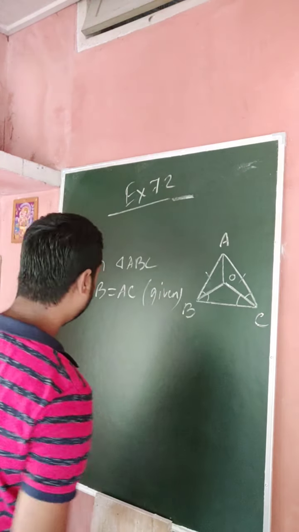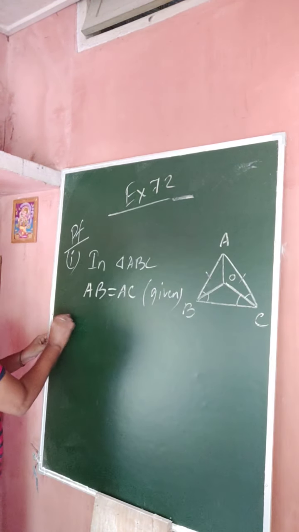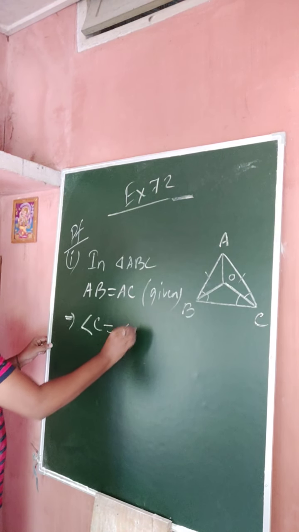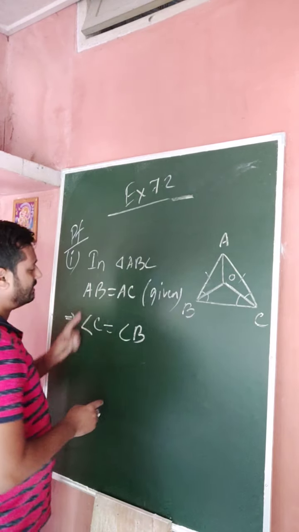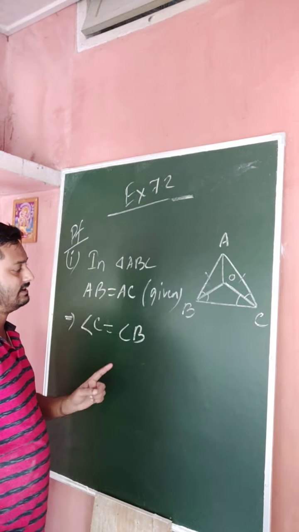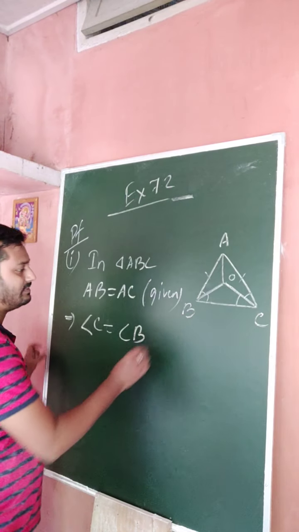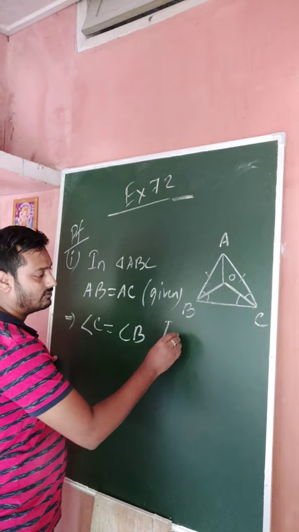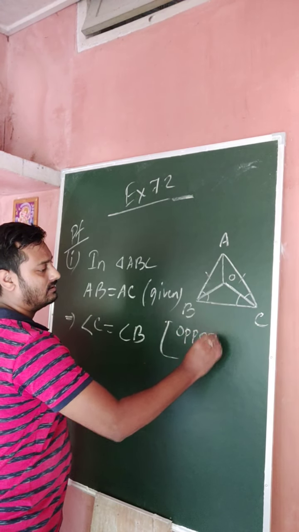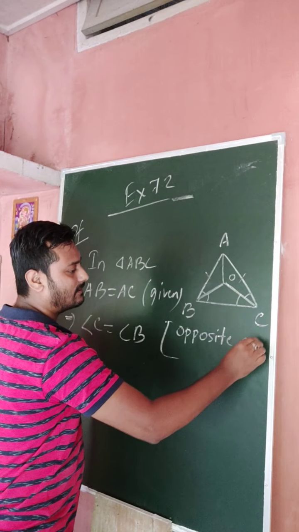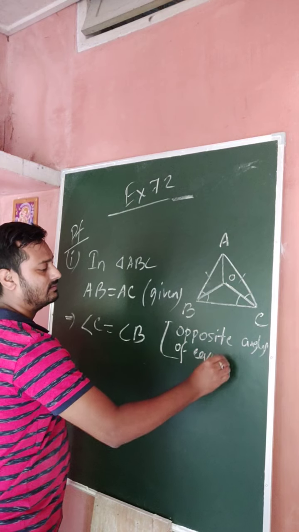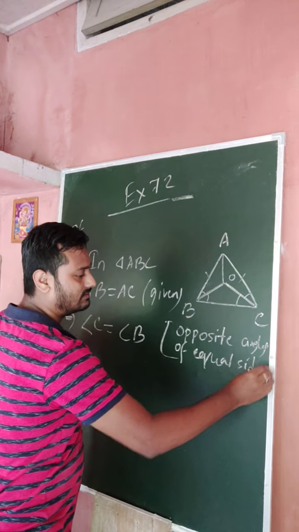That means angle C is equal to angle B. Opposite angle of the side AB is C, and opposite angle of the side AC is B. So both C and B are equal. You can just write here: opposite angles of equal sides are equal.